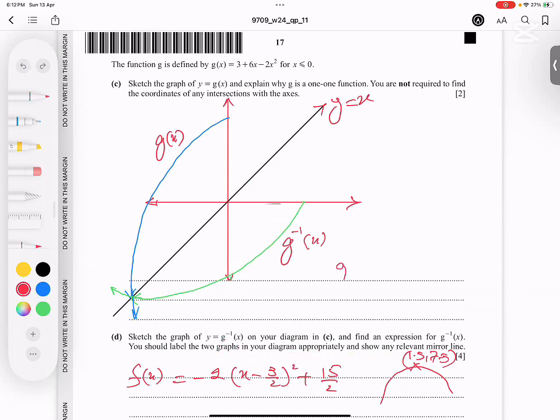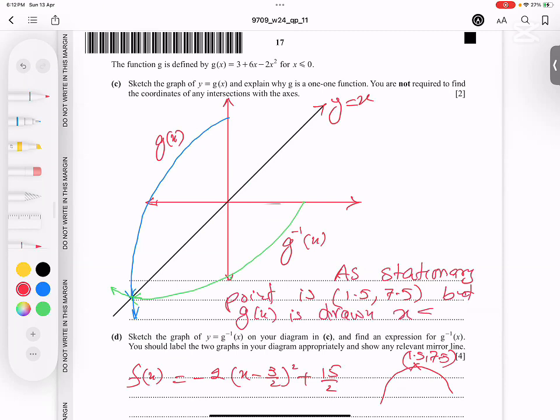We say g of x is one-to-one because the stationary point is 1.5 and 7.5, but our g of x is drawn for x less than 0.